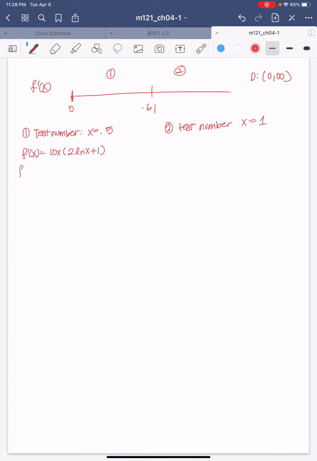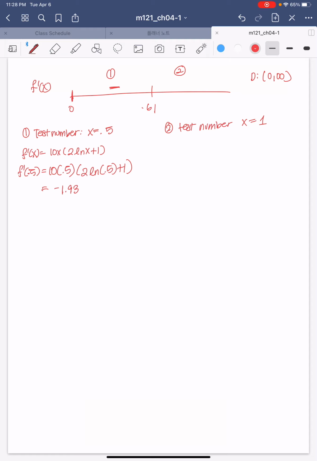So f prime of 0.5 is 10 times 0.5, 2 ln 0.5 plus 1. Putting everything into a calculator, I'm getting -1.93. So that's a negative value here.